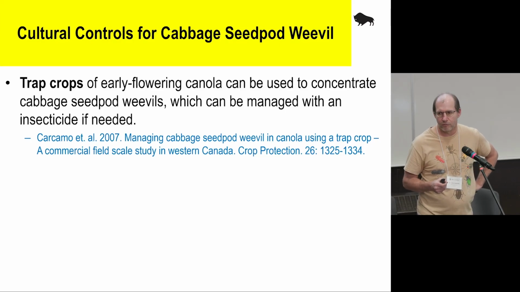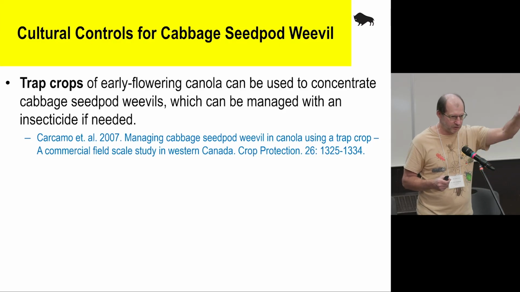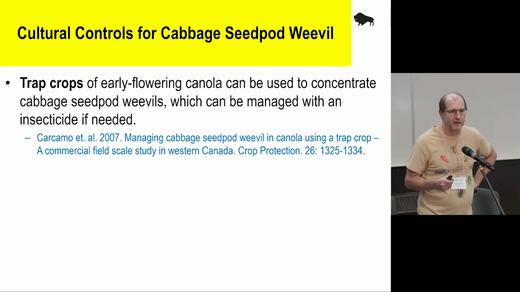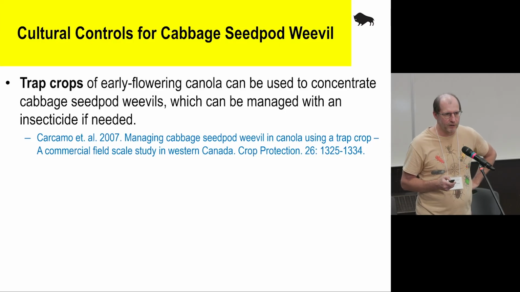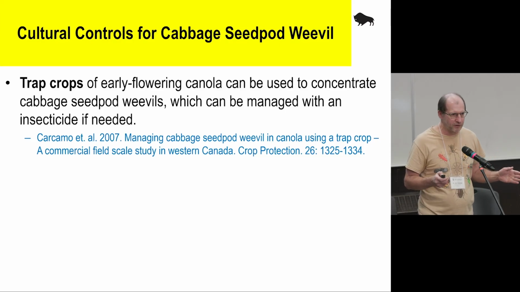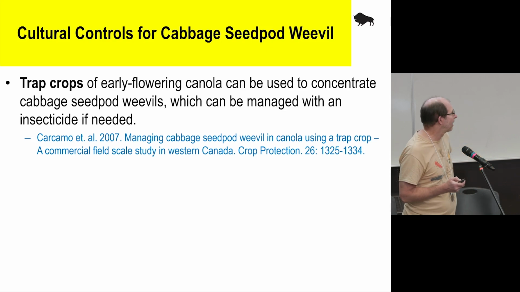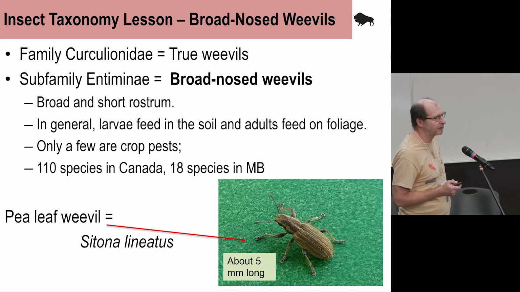What that would do is concentrate the weevils in that edge area, which you could then spray just to eliminate all the weevils in that area. It's been shown to work in research situations. Again, how practical that is, I leave it up to crop scouts to determine, but trap cropping, in theory, does work.